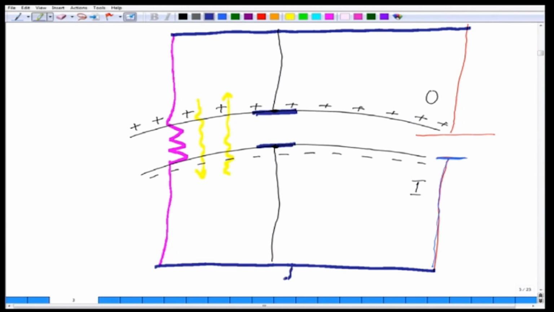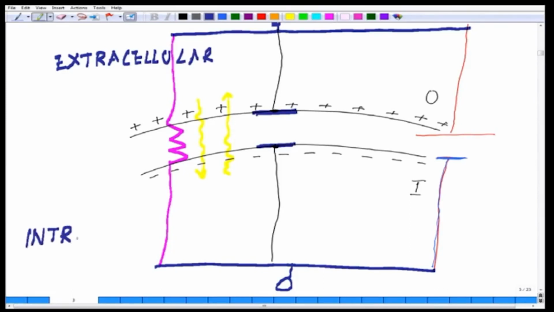So, essentially what you did is, call it outside or extracellular, and this is your intracellular. Essentially what we did was treat the cell as an electrical circuit.